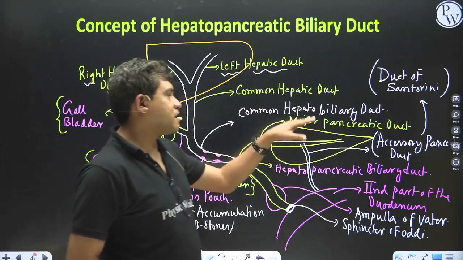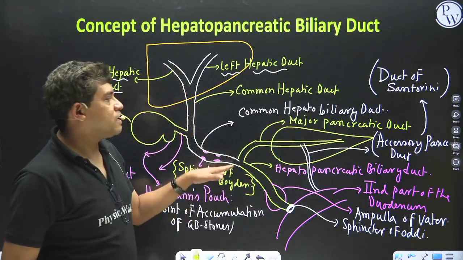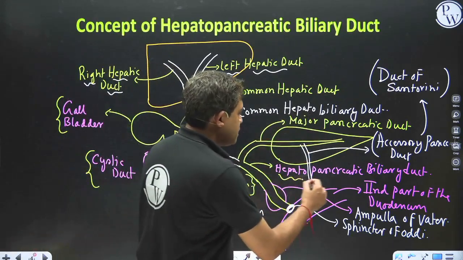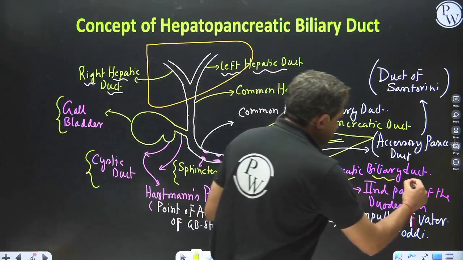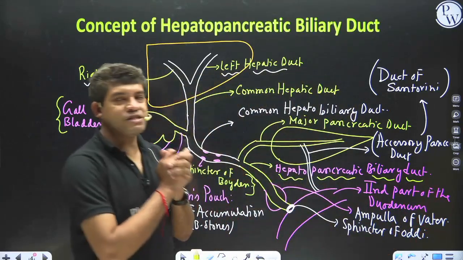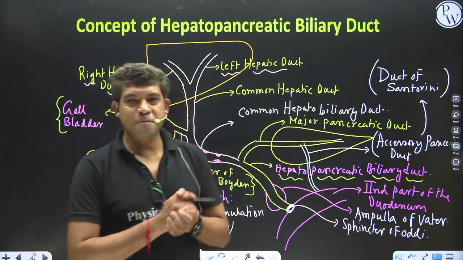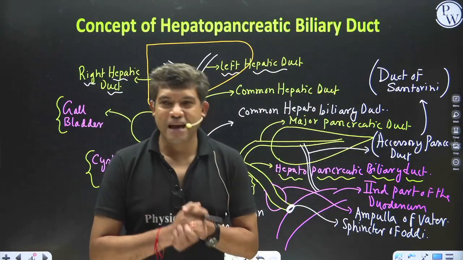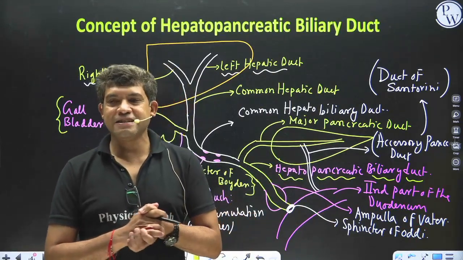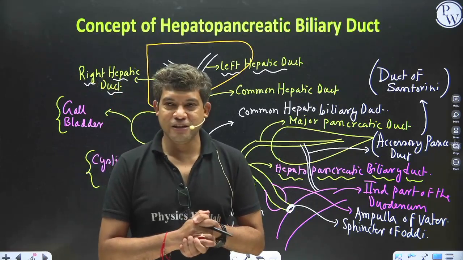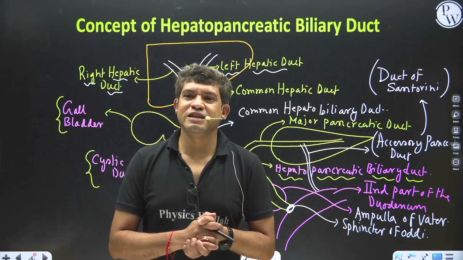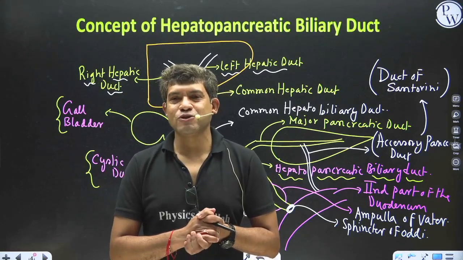This major pancreatic duct unites with the hepatobiliary duct to form the hepatopancreatic biliary duct that opens into the second part of the duodenum. In the pancreas, there is also the accessory pancreatic duct, which can open into the second part of the duodenum, and it is termed the duct of Santorini.